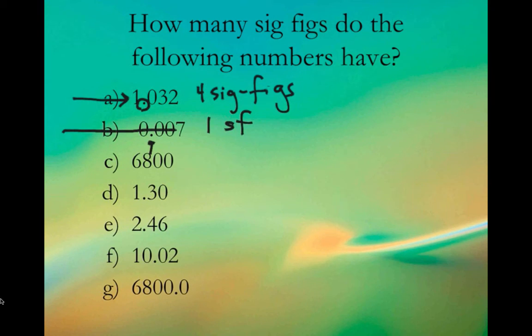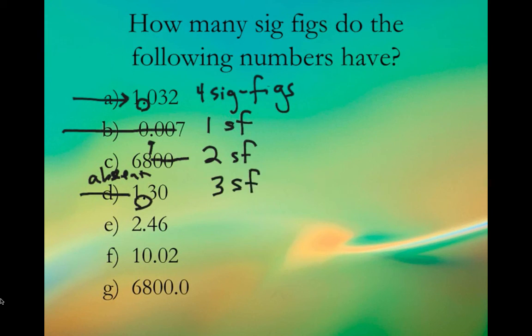Example C has decimal absent, right? No decimal in this one, so we fly in from the Atlantic side until we crash into a non-zero digit. That one's got 2 sig figs. D has a decimal, so come in from the Pacific side because the decimal is present, and we don't get to cross anything out there. Same for E, we're not crossing out anything, 3 sig figs.